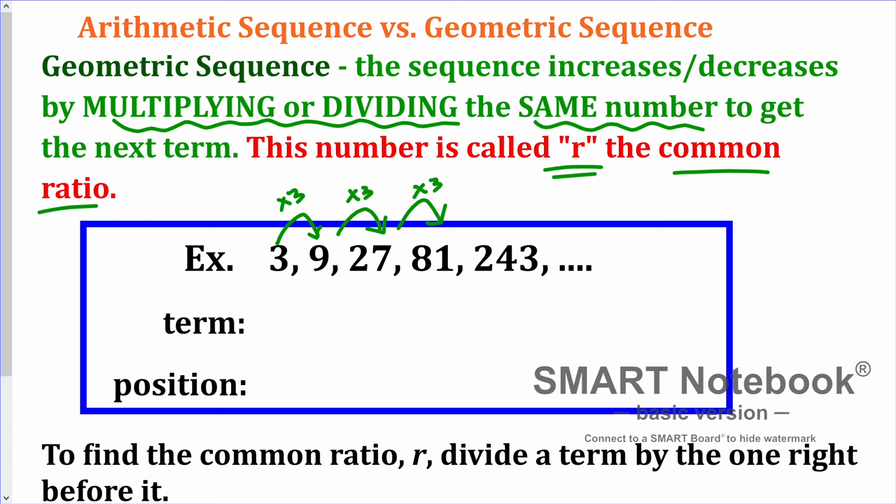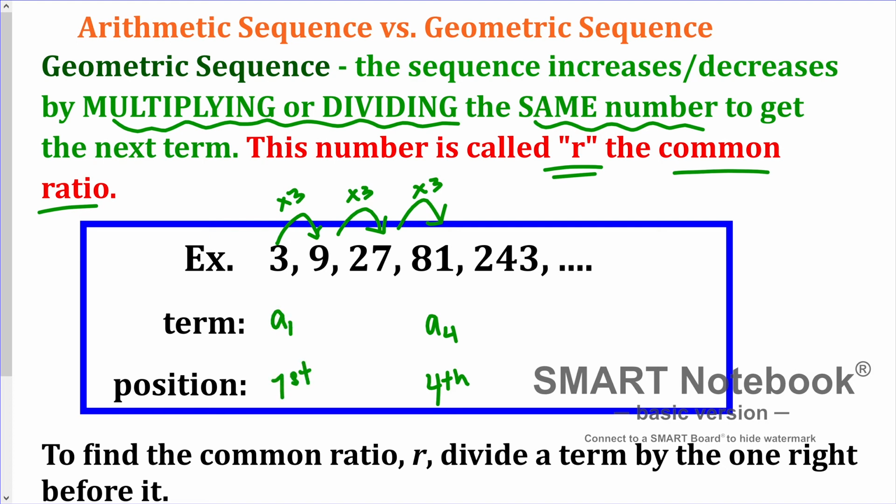All right. So now if I were to say, what number is in the A4 position? Which number is A4? Well, I would go 1, 2, 3, 4. 81 is my A4. It's in the 4th position. I say, what's A1? Well, 3 is A1 because it's in the 1st spot.